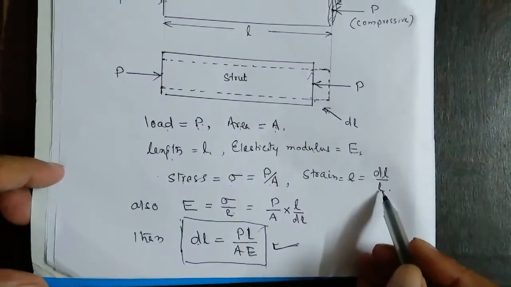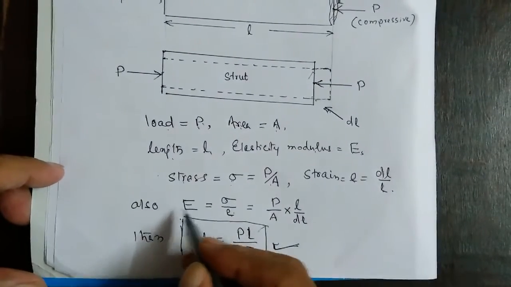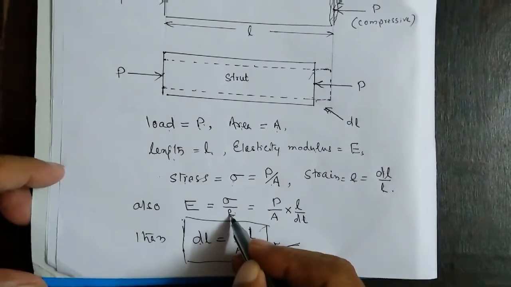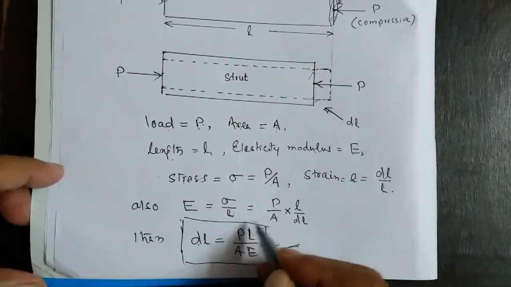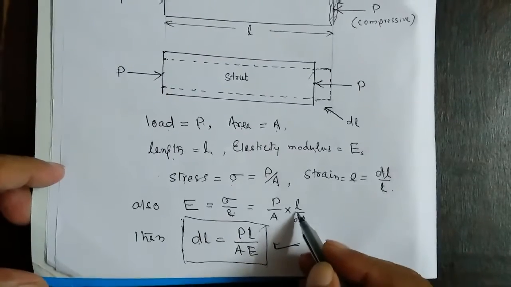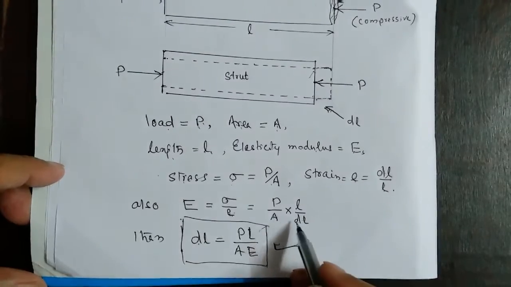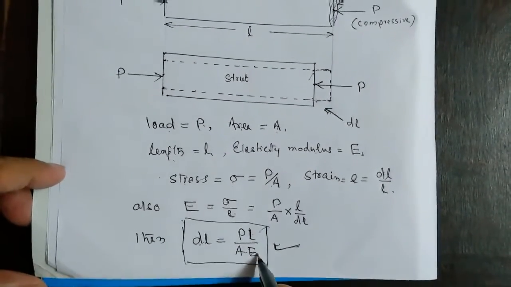Also, from Young's modulus, E is equal to stress by strain. So in place of stress we can write P by A, and in place of small e we can write dl by L, inverted, that is L by dl. Now, if we want to find dl here, dl will be PL by AE.